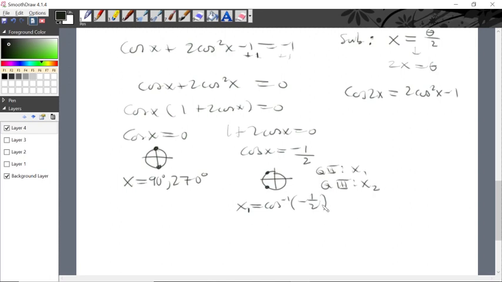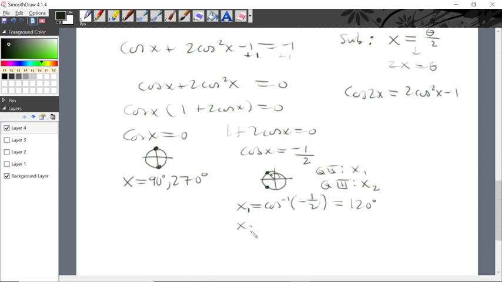What's the arc cosine of negative 1/2? That would be this angle right here, which has a reference that is equal to 60 degrees. So this is going to be 120 degrees for that value of x1.